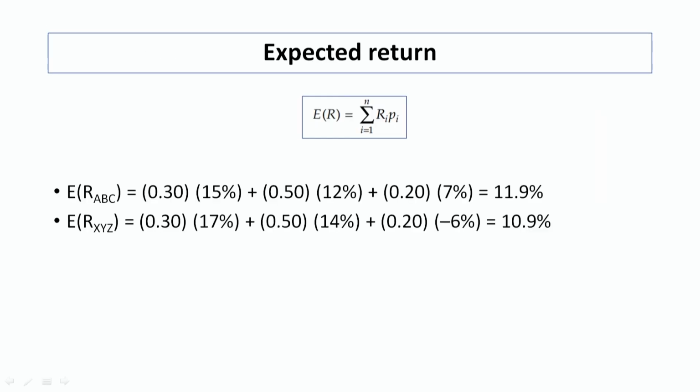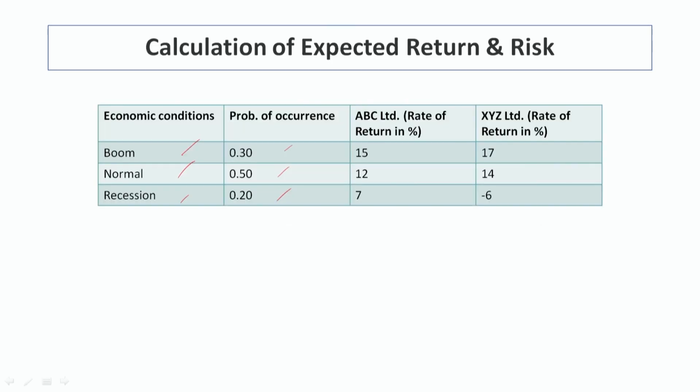Now, what do we have to calculate? We have to calculate the expected return. What is the formula? The summation of Ri into P, over n number of terms. So for ABC company, 0.3 into 15, 0.5 into 12, 0.2 into 7.